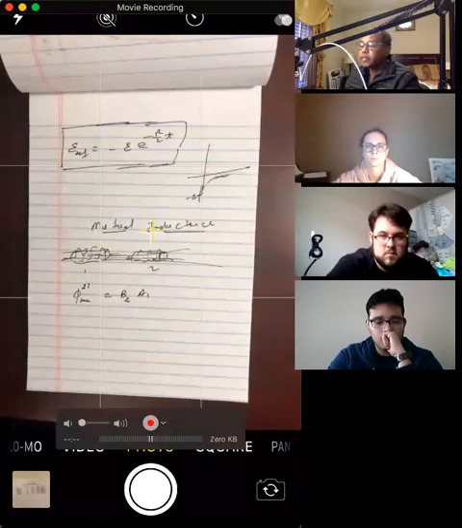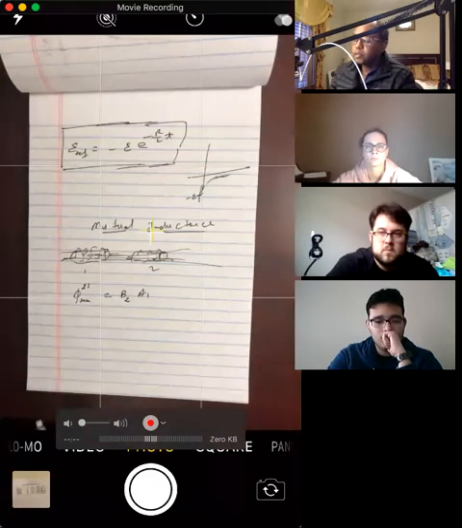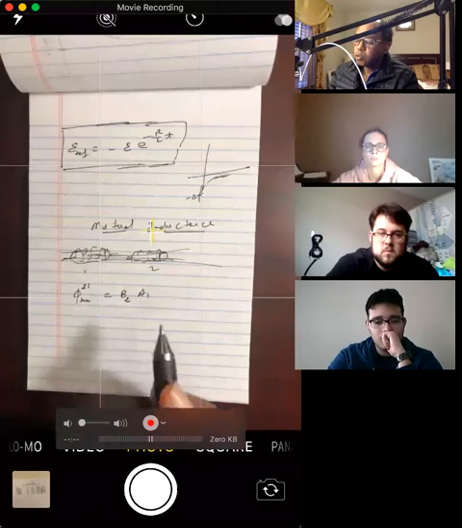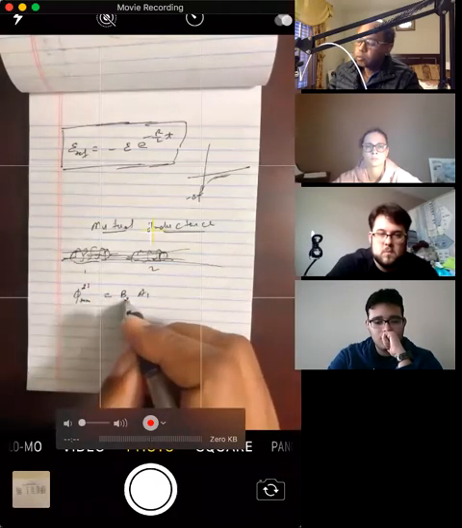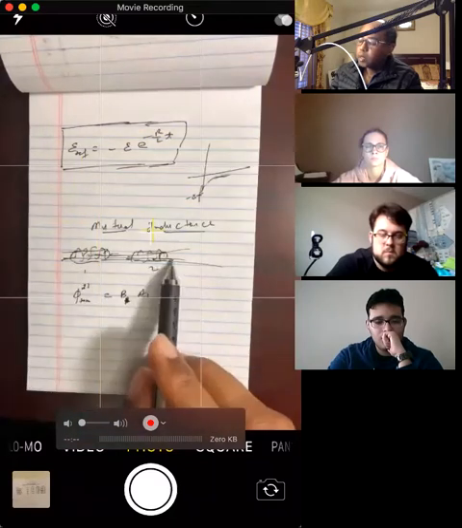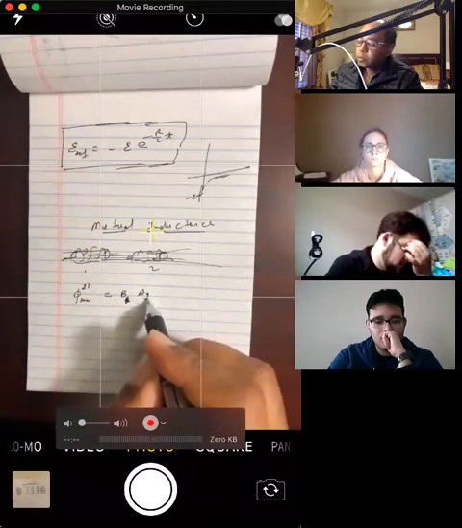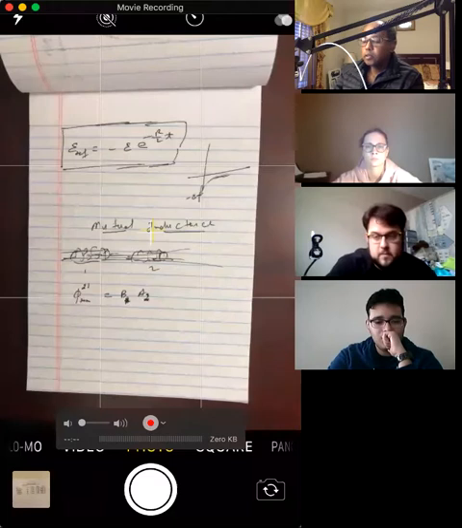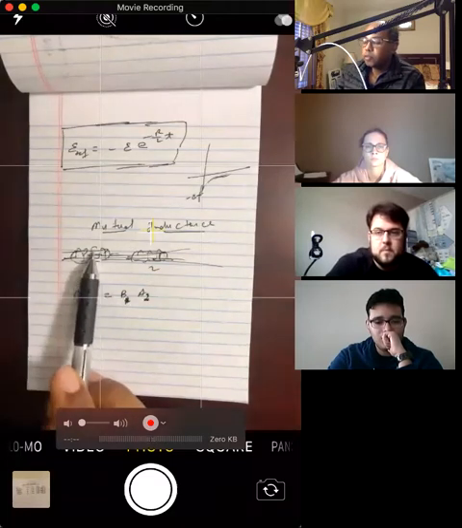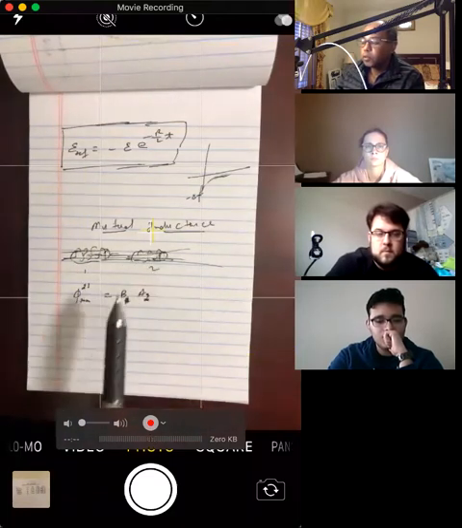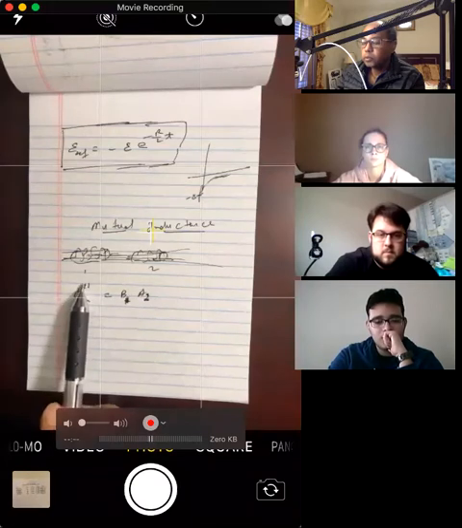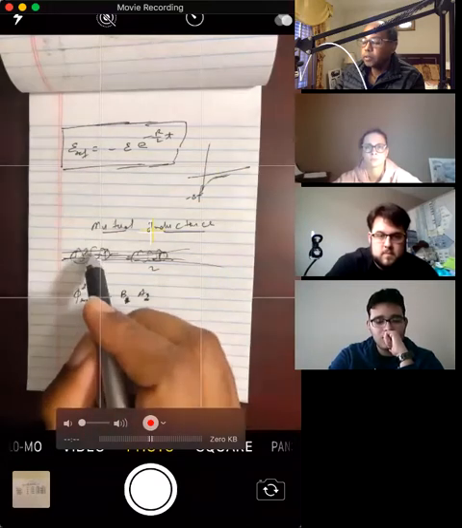This is the flux per unit turn in this case. The magnetic field is from coil 1 times the area of coil 2. You've got flux due to this magnetic field on coil 2. So we're looking for the flux on coil 2 due to the current in coil 1.